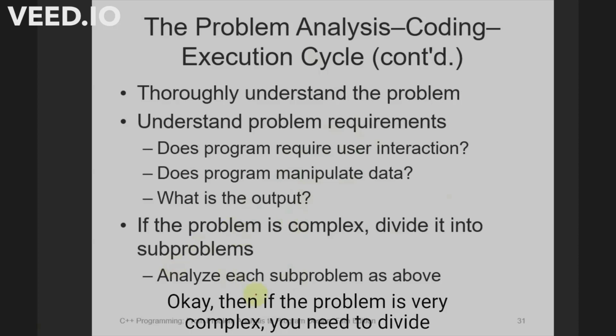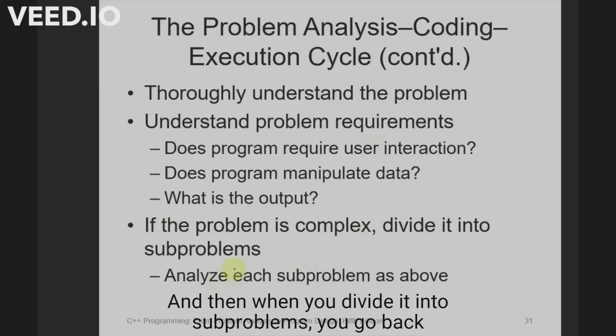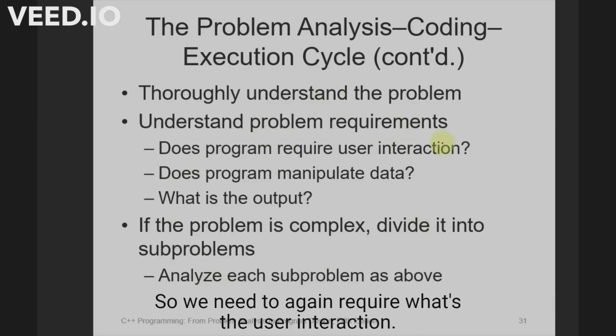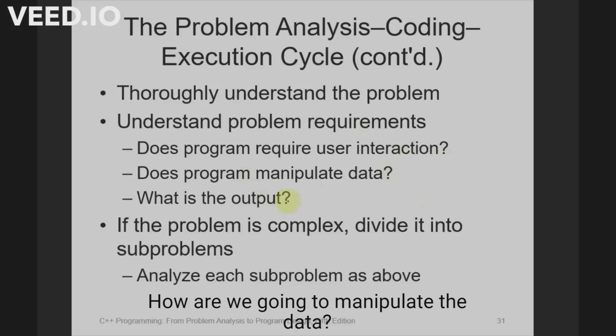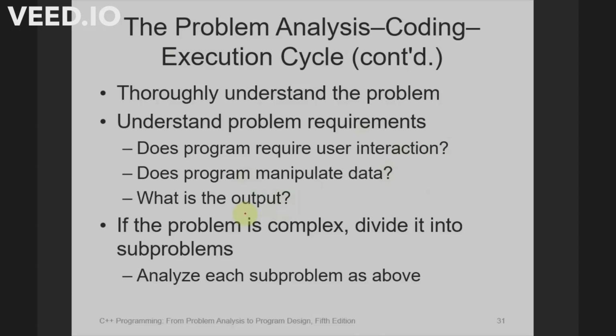Then if the problem is very complex, you need to divide it into sub-problems. And then when you divide it into sub-problems, you go back to understanding the problem requirements. So again, what's the user interaction, how are we going to manipulate the data, and for each sub-problem, what must be the output.